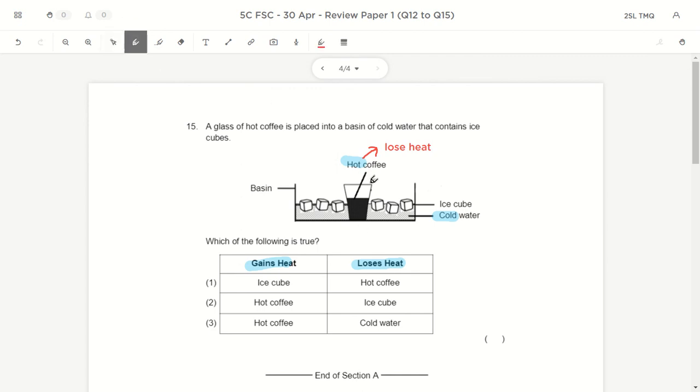And for the cold water, you realize the cold water is surrounding the hot coffee, so the cold water will become warmer, warmer, and warmer. So what happens is that the cold water actually gains heat. And as the cold water gains heat, the cold water becomes higher temperature, and then the ice cube over here, which is also cold, will also gain heat, and we know that the ice cube will start to melt.